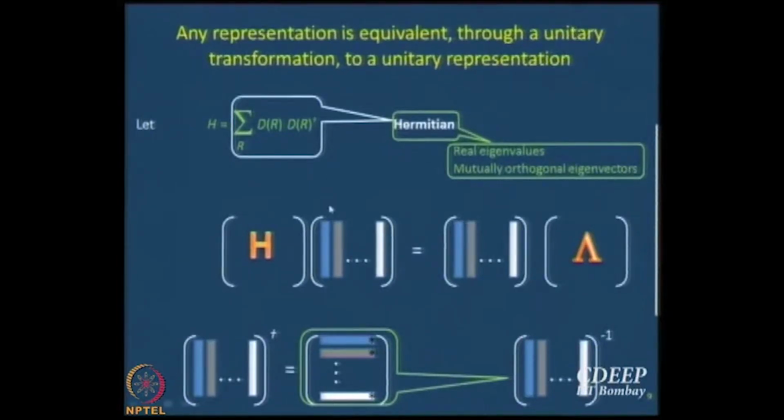This should be 1. Now, the problem comes when you want to see what is 1 2. What will be the 1 2 element? Blue star multiplied by what color is this? Green. I will believe you. So, what should it be? If they are orthogonal, you are multiplying the elements and adding them up, you should get 0. So, off diagonal elements are all going to be 0.